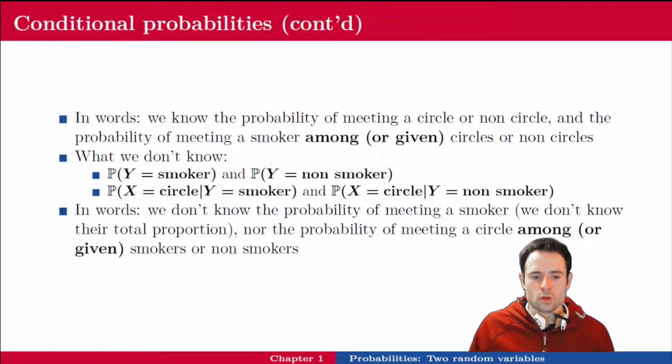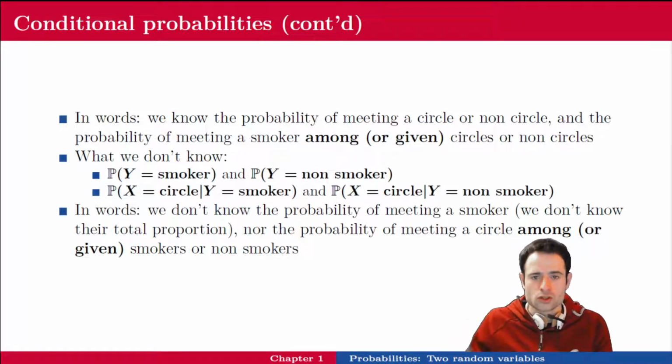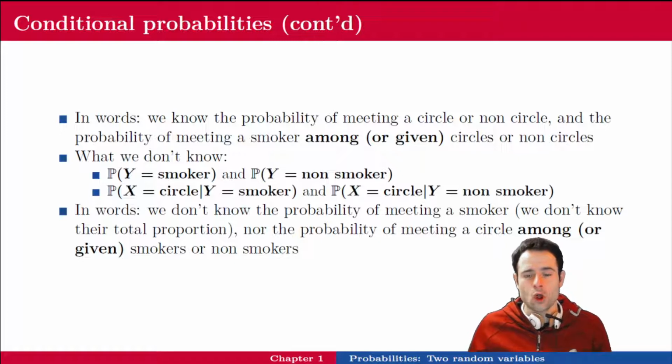So, in words, what we don't know is, we don't know the probability of meeting a smoker because we don't know how many there are in the whole population. We only know how many there are among circles and among non-circles. And we don't know the probability of meeting a circle among smokers or non-smokers.